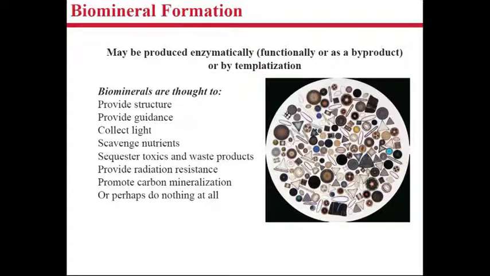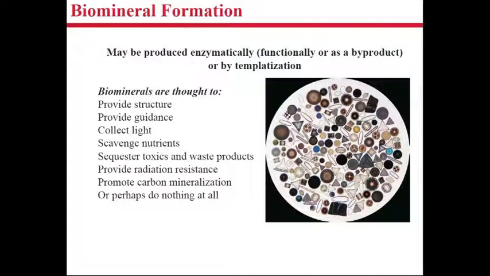The organisms do them for some reason. They do things for the organisms. They provide structure, right? Without my biominerals, I would just be even more of a blob. They provide guidance. So there are magnetic biominerals that allow organisms to orient. They can use them as lenses to collect light. They scavenge nutrients for things.